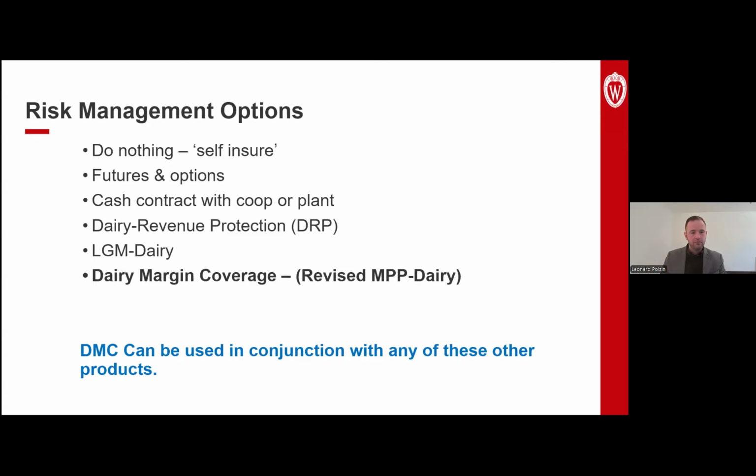For example, you cannot use DRP and LGM Dairy together at the exact same time to cover the same amount of production, because you're effectively collecting two subsidies, since both of those premiums are subsidized. So you're collecting two subsidies on those same pounds of milk covered. You can't do that, but you can use dairy margin coverage with LGM Dairy. You can use dairy margin coverage with DRP. You can use dairy margin coverage with futures and options, right?